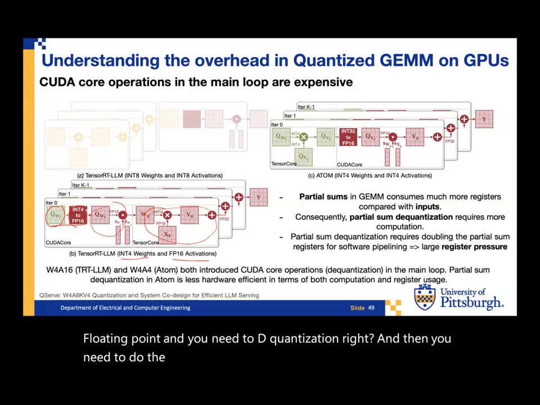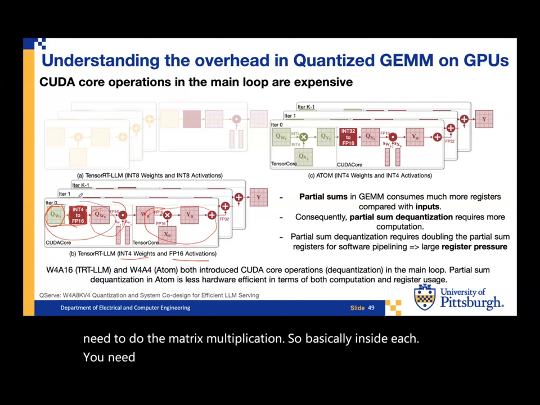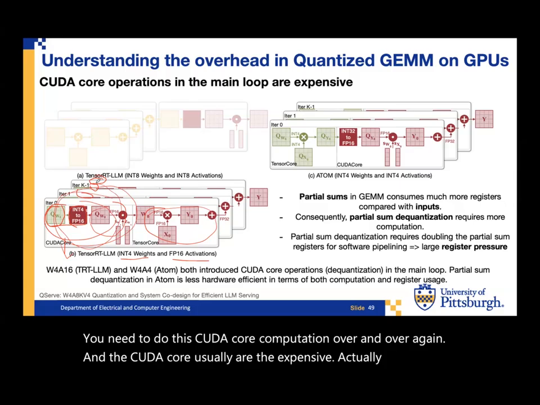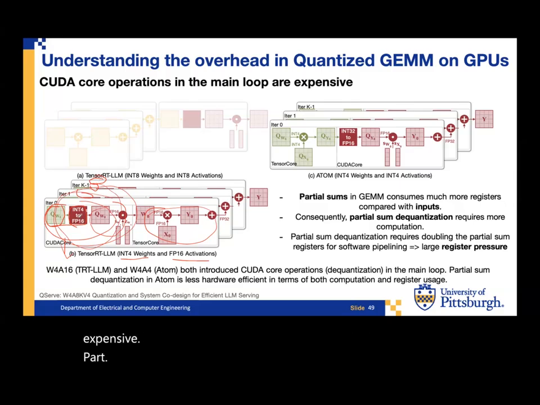So basically, inside each iteration, you need to do this CUDA core computation over and over again. And the CUDA core is usually the expensive part. If you are repeating this CUDA core computation over and over again, the performance is not going to be good.